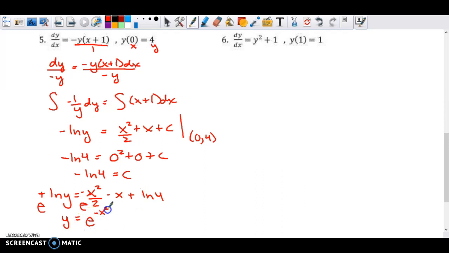So I'm going to keep my x stuff together, but then I'm going to split that apart. And, ooh, this is nice because e to the ln 4 is just 4. So I can actually rewrite this as 4e to the negative x squared.